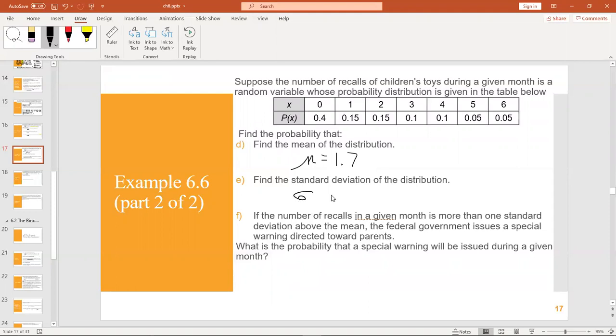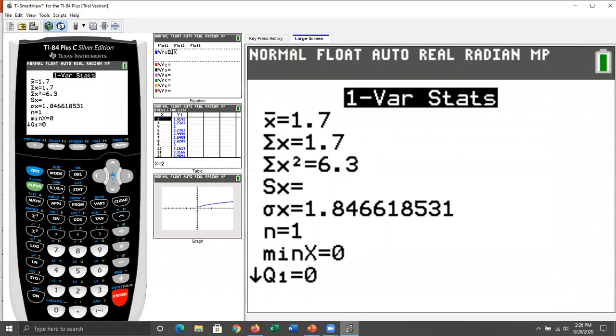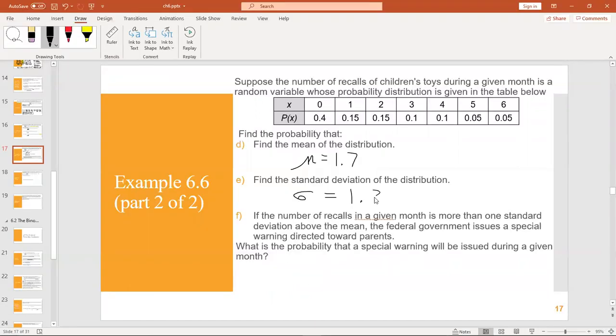That's this thing, which kind of looks like a 6 that's lying down. 1.85. Okay, so that's the standard deviation.